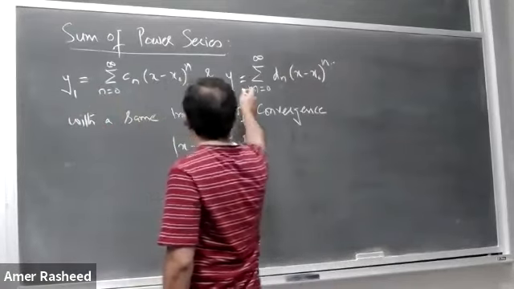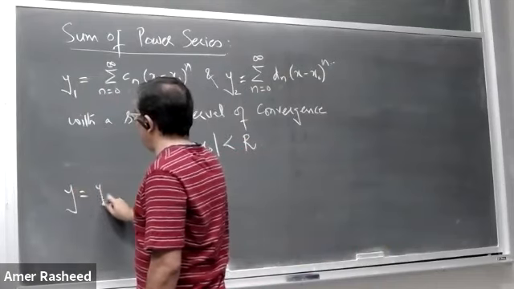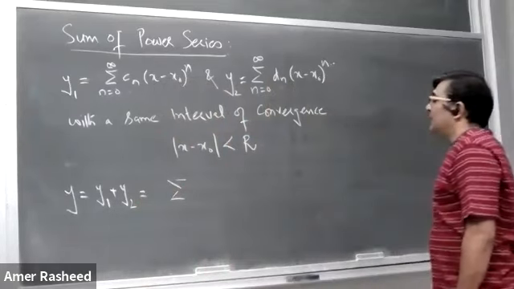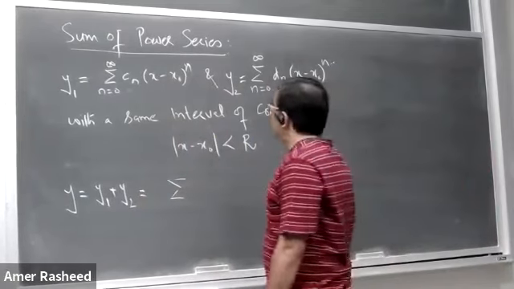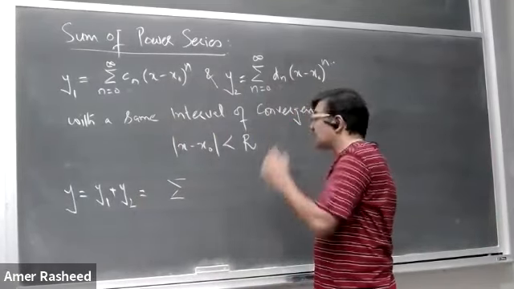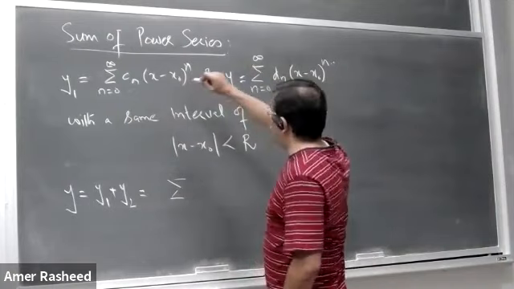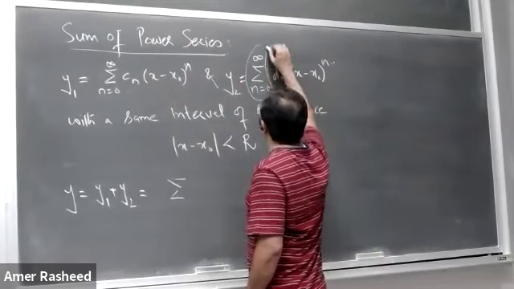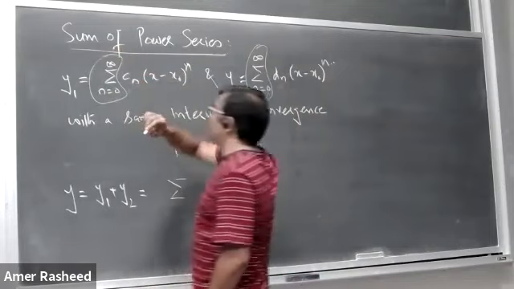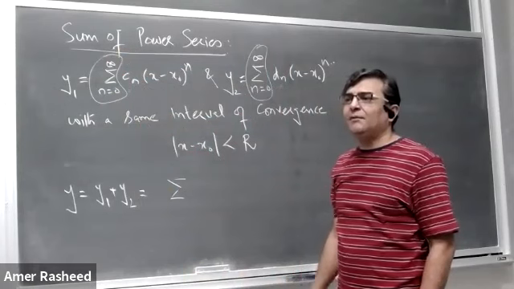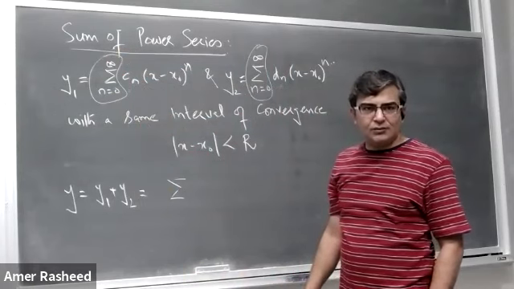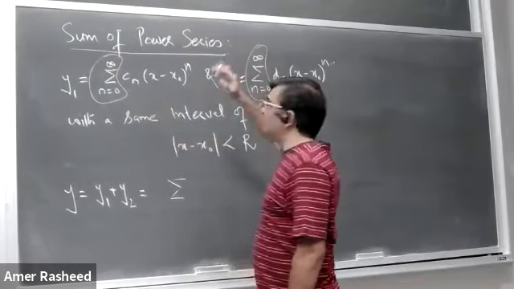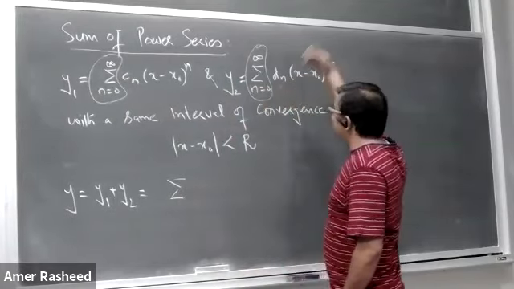So if it is y1 and y2, then y is the sum of y1 plus y2, so that like powers of x are added to the similar powers of x, and the summation terms should also have the same index, or rather the initial and final values of the sum must be the same. The index itself could be different.